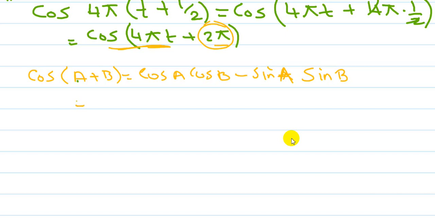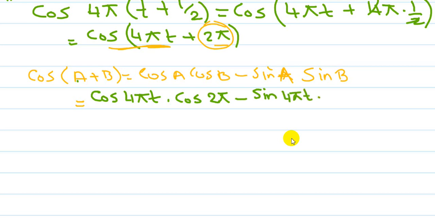So if we apply it here, we will have cosine A, which is 4 pi t, into cosine B, which is cosine of 2 pi, minus sine of 4 pi t into sine of 2 pi.